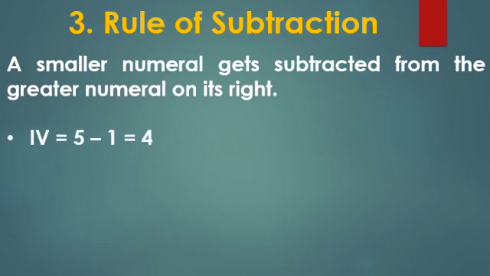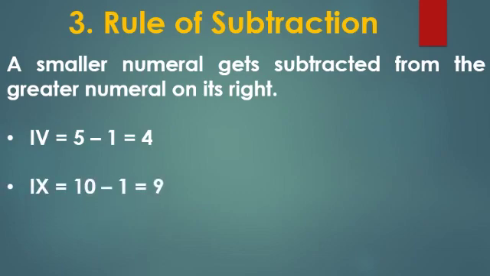IV. Here I is written first and the value of I is less than the value of V. Again we will revise. The value of I is 1, the value of V is 5. Then subtract the values. IV is equal to 5 minus 1 is equal to 4. Next example is IX.